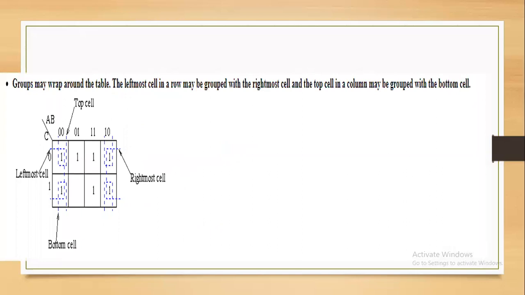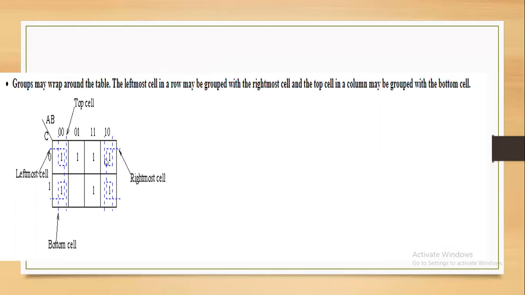Finally, we come to the last rule of grouping. This is a three-variable K-map, which has 8 cells. You can group the topmost cell and the bottom cell, and you can group the leftmost cell and the rightmost cell. But I can't group the second and third, which is the wrong way of grouping.